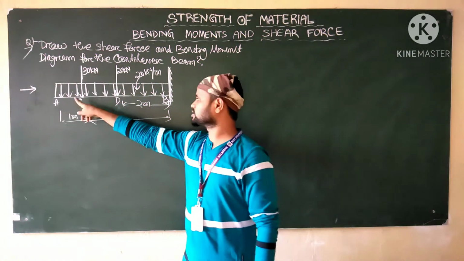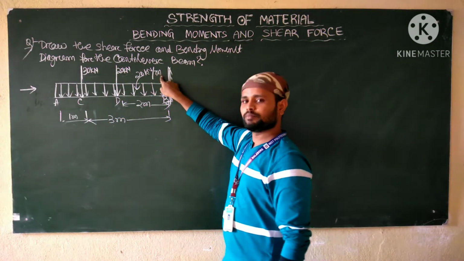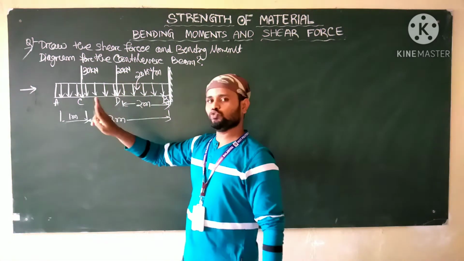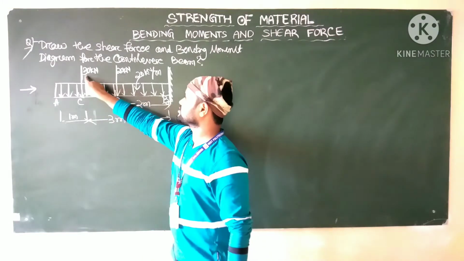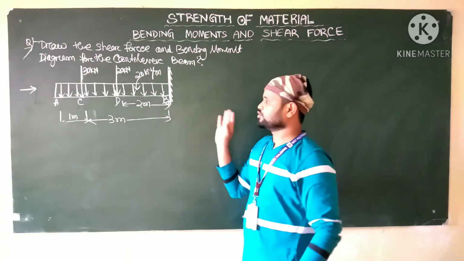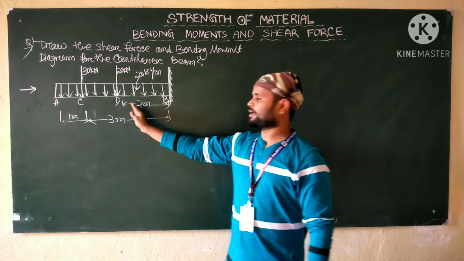This amount is 20 kN per meter. And at point C and at point D, there will be 2 point loads. At point C that is 30 kN and at point D it is 20 kN.